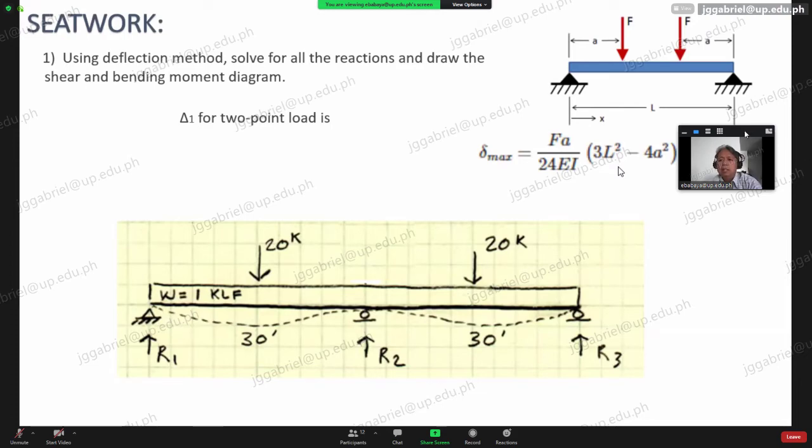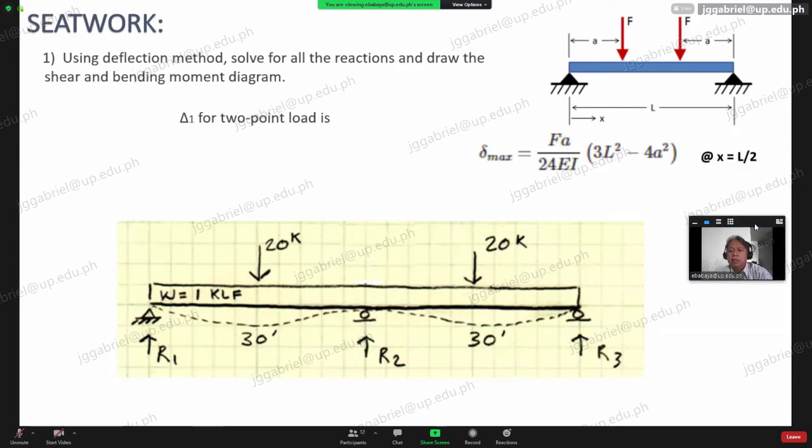Screenshot niyo siya. So in here you have a beam, but instead of three concentrated loads, equally spaced, this time you only have two. 20 kips ito, then 15 feet from the left.